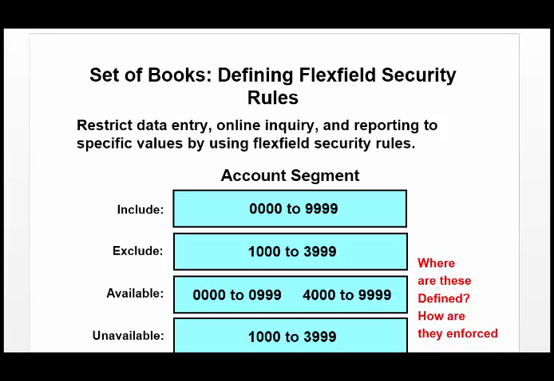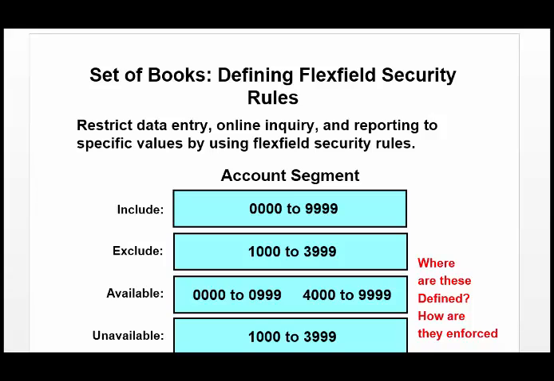The question now is, where are you defining these rules? Now, they cannot be defined in financials. Why? Because it has nothing to do with that; it applies more to a specific employee not having access to specific accounts.